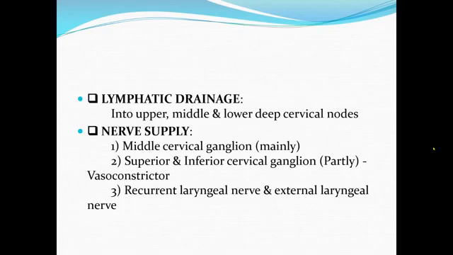Here you should know mainly about the recurrent laryngeal nerve, which is a branch of the vagus nerve.